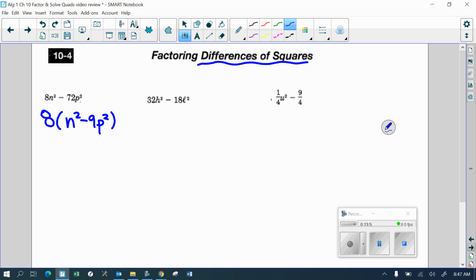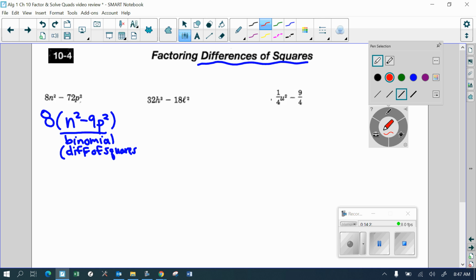One way to know if it's possible: if I have a binomial, the very first thing I'm looking for is a difference of squares. Difference just means some subtraction, which there's my subtraction sign. So it's obviously a difference.